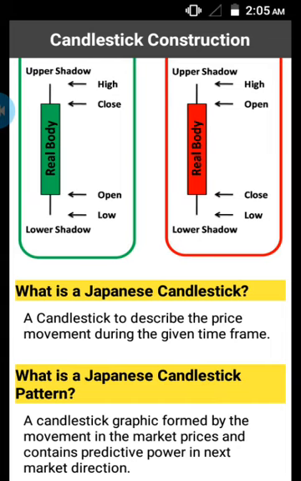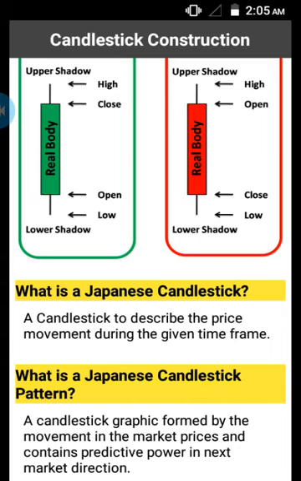You need to learn the patterns, you need to learn price action, you need to learn how to read your technical indicators, analyze your markets, like your charts, and also your fundamentals: geographical, economic, and political. Okay, so having said that, let us begin. Candlestick construction.